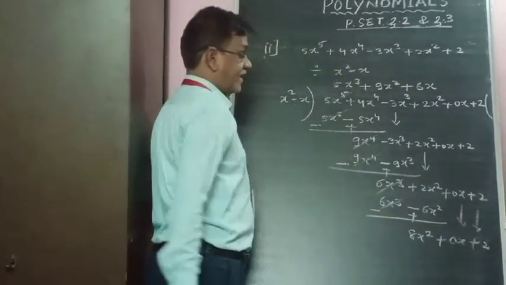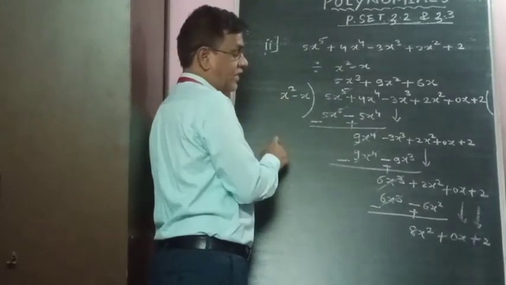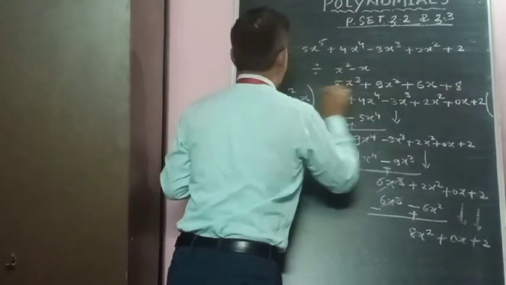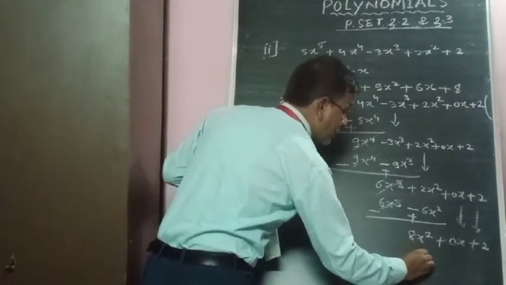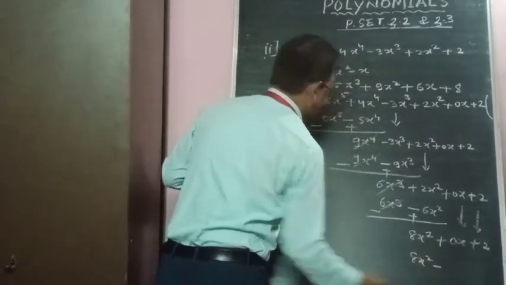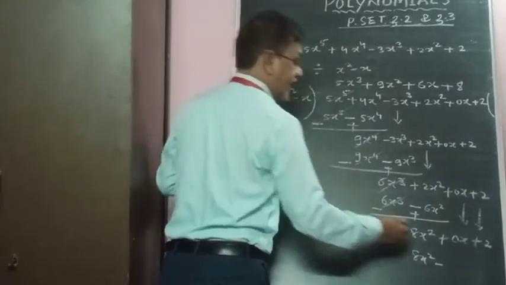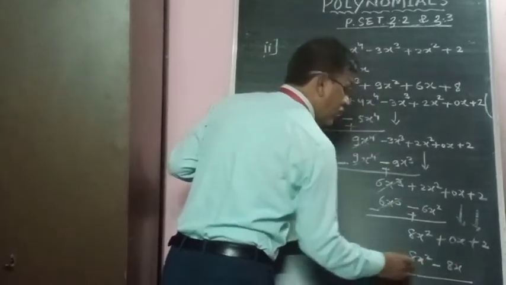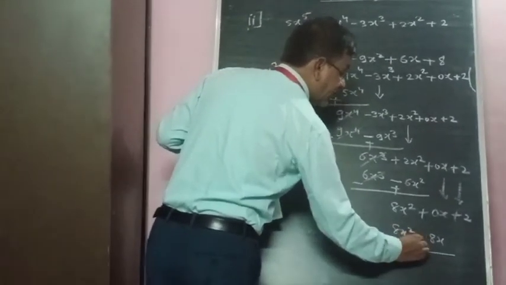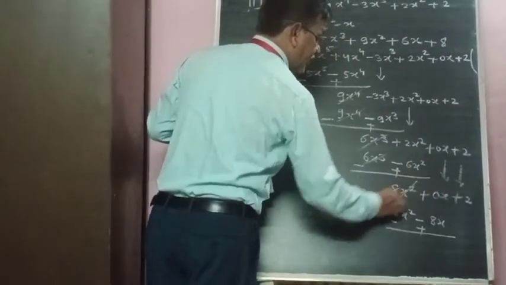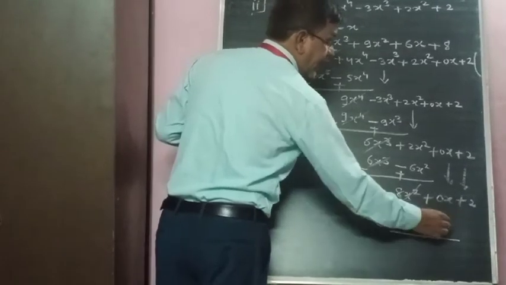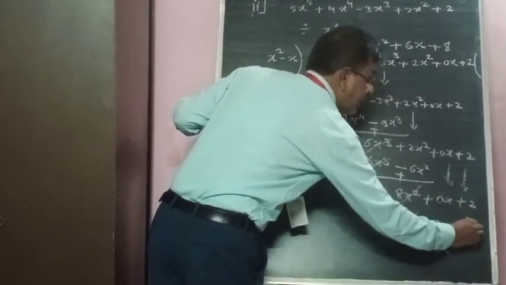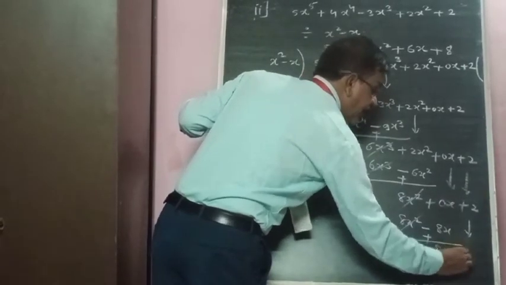Now you want 8x^2. Here x^2 is only there, so you add 8 only. 8 into x^2 is 8x^2, minus 8 into x is 8x. Again you subtract, minus, this is now plus, so these two are cancelled. Now 8x plus 0x is 8x, and you take the constant number below, that is plus 2.